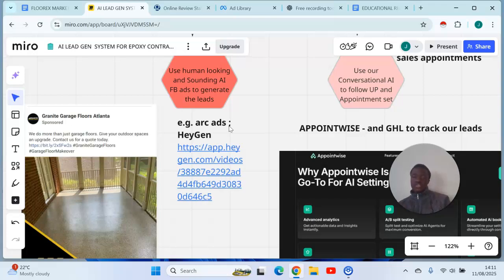If anyone wants an epoxy floor garage done, you need to ensure that you have compelling visuals, something eye-catching, something that makes me stop scrolling and just focus on what I'm seeing, and immediately book and call you and tell you that I want this service.